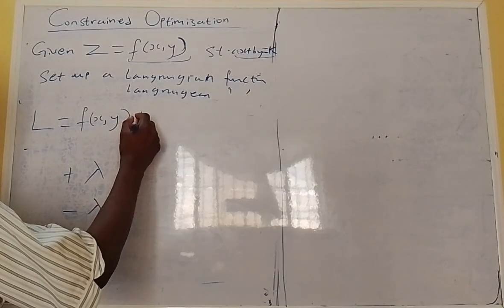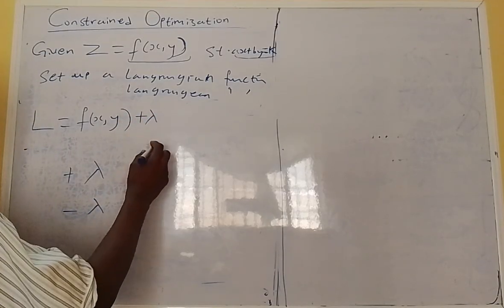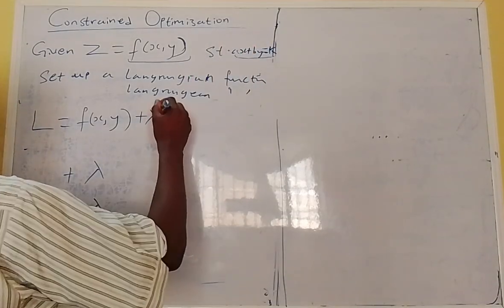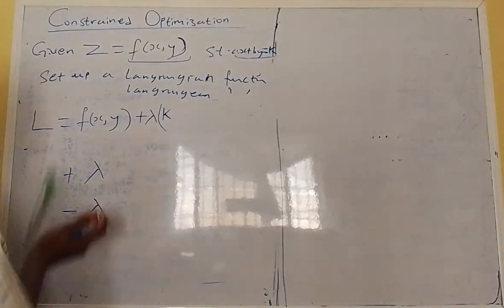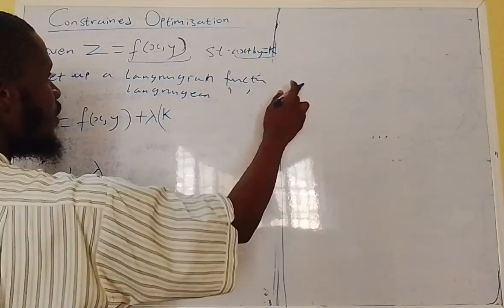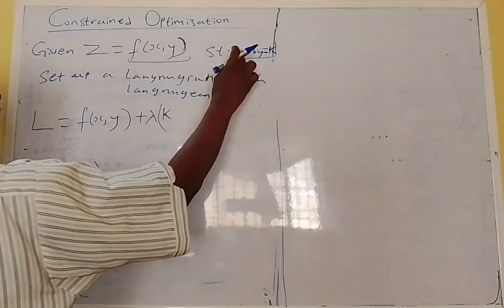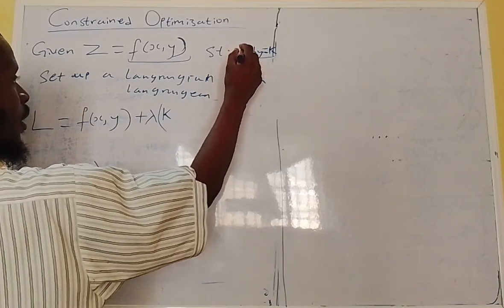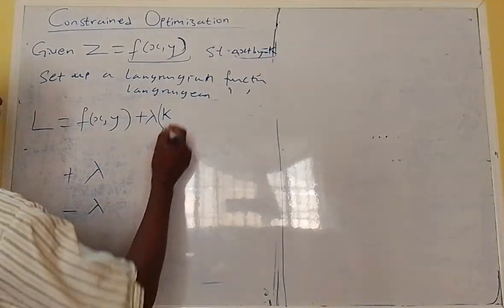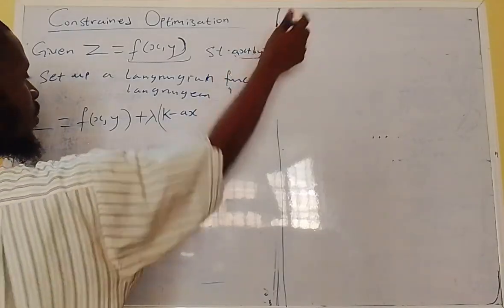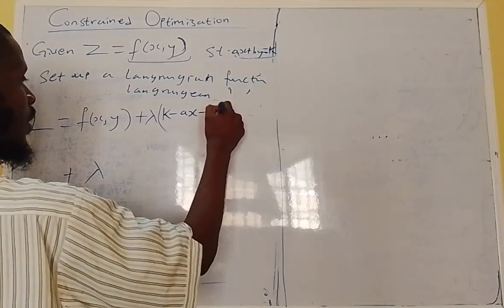If I say plus lambda, I'm going to open the bracket, then I'm going to write k first. Then when I take the other components to the other side, I'm going to take ax to the other side, so it's going to be minus ax. Then I take the other one to the other side, I have minus by.